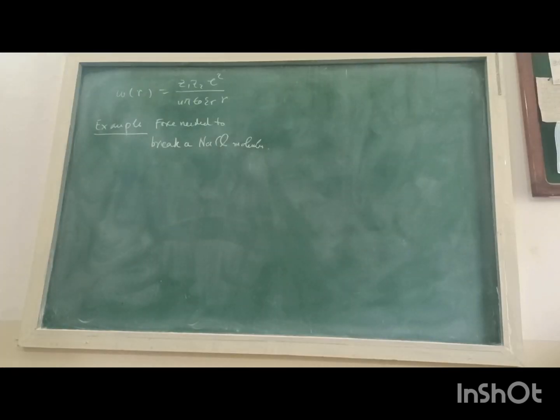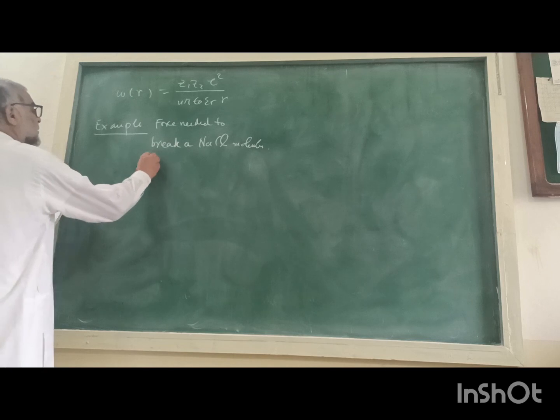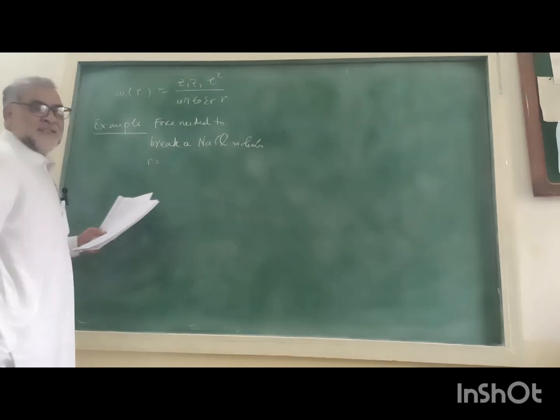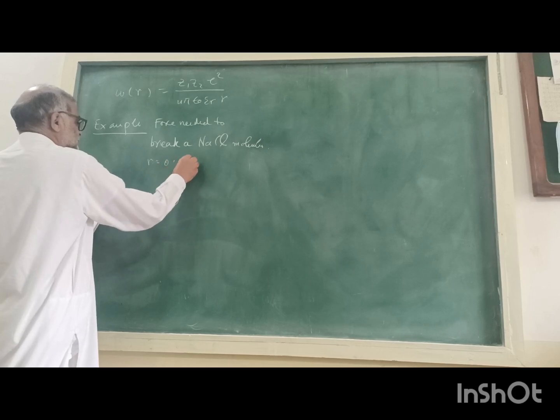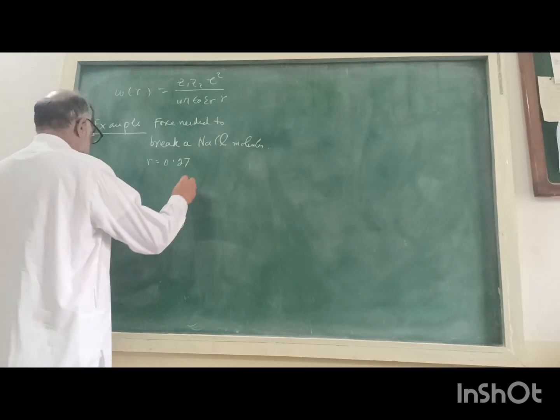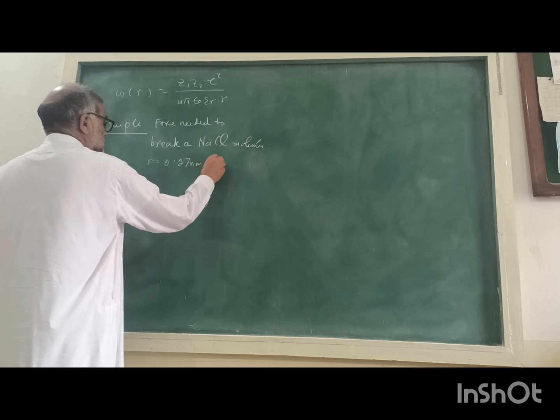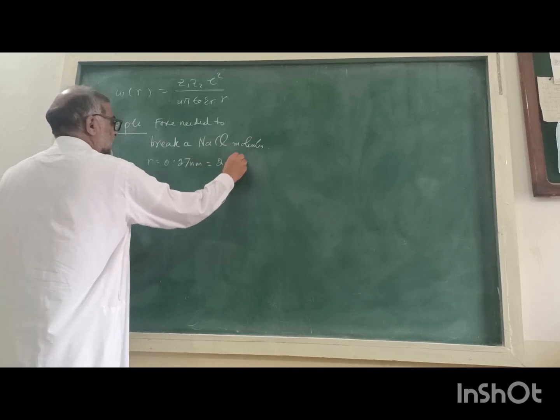Energy needed to break a sodium chloride molecule, such that the separation between the sodium and the chlorine ions is approximated at 0.27 nanometer, which is 2.7 angstrom, right?